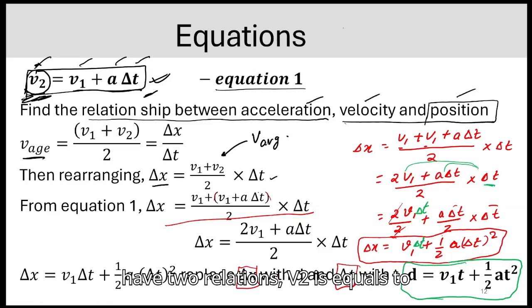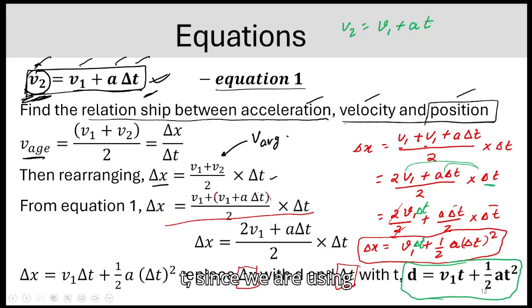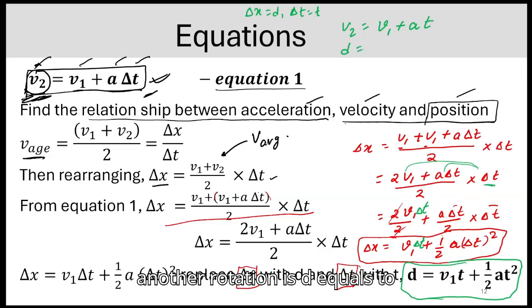So we have two relations: v2 equals v1 plus a t, since we are using delta x equals d and delta t equals t. Then another relation is d equals v1 t plus half a t squared.